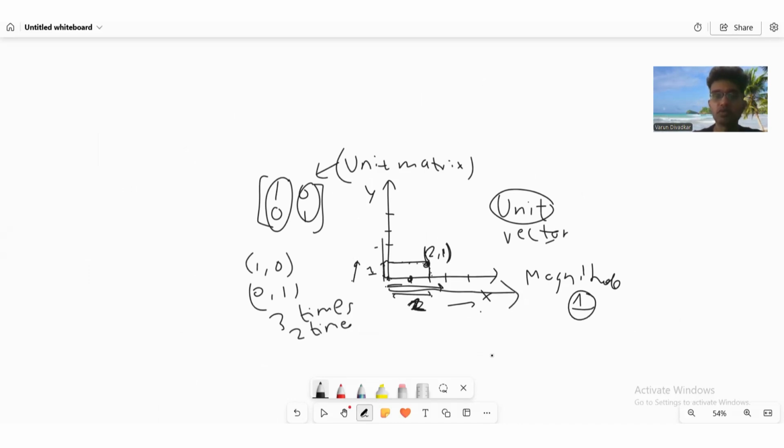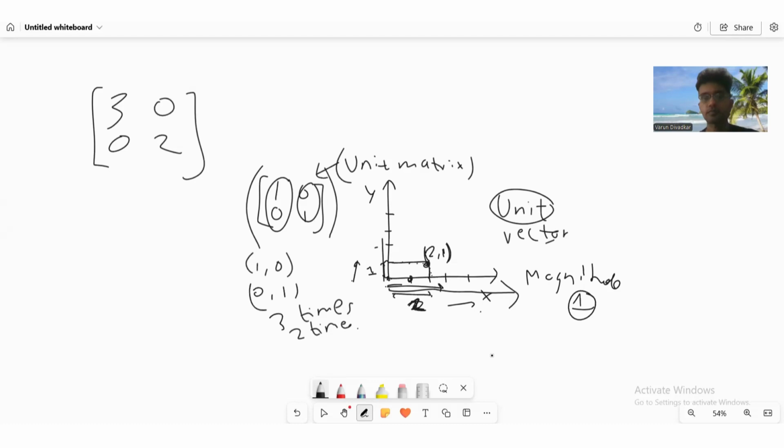So suppose you stretch this unit vector by 3 times in the x direction and 2 times in the y direction. How would you represent your unit matrix then? It basically gets transformed to something like this, right? 3, 0, 0, 2. So anything in the x direction is now getting stretched 3 times.